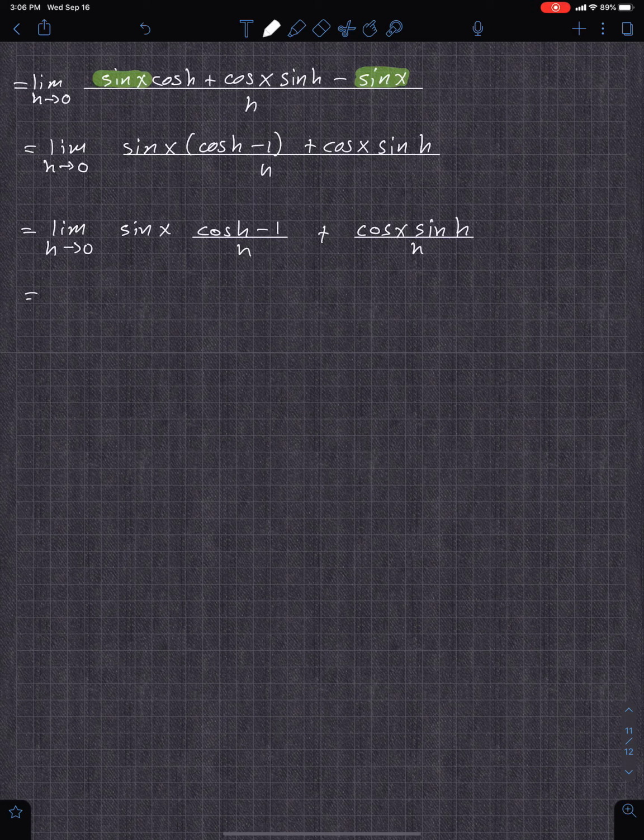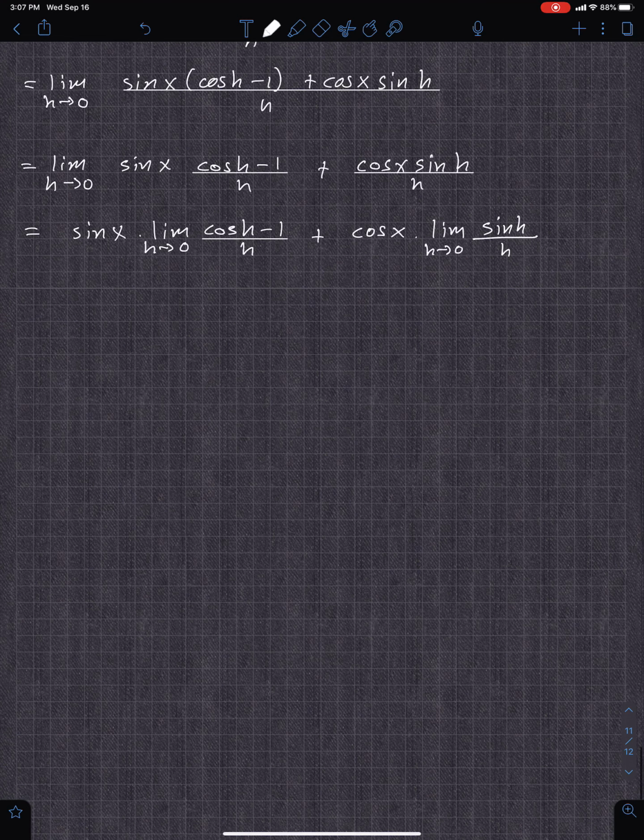So you can rearrange that and write that as basically sine x, because there's no h in there, you can just take it out, times the limit as h approaches 0 of cosine h minus 1 over h, plus cosine x times the limit of sine h over h as h approaches 0.